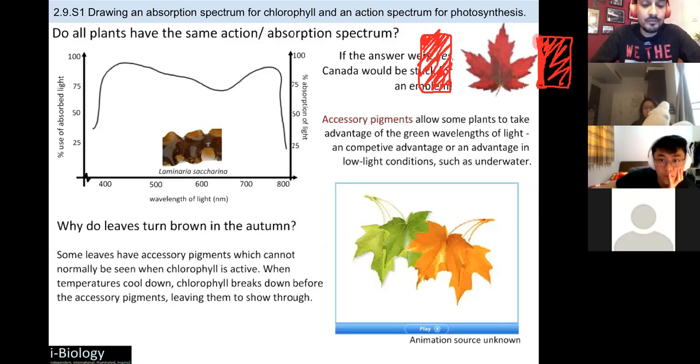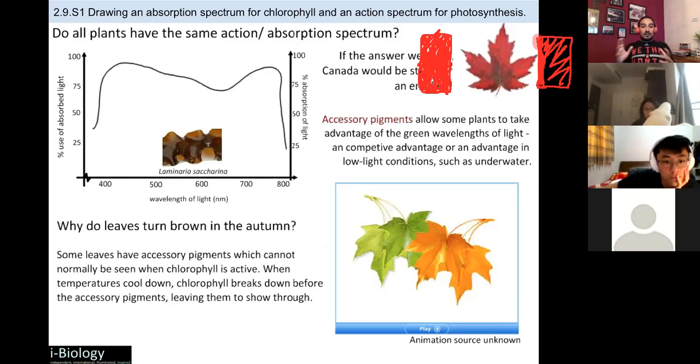And just an interesting point: why leaves change color in the fall is that you're seeing the other pigments the leaf may have. Typically the chlorophyll is front and center, the main player.